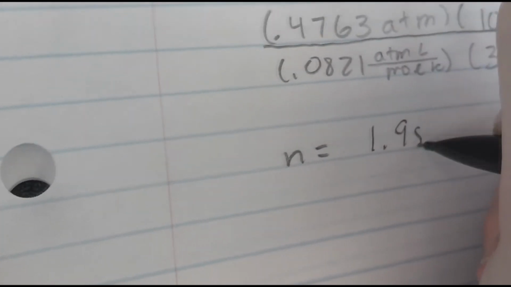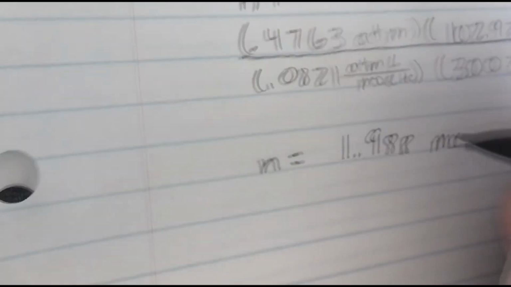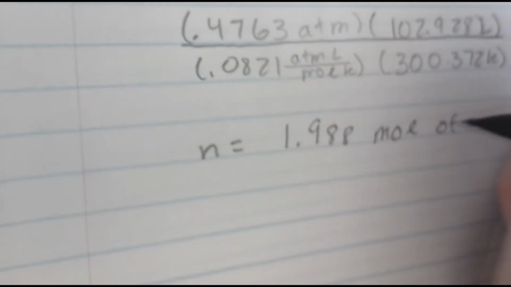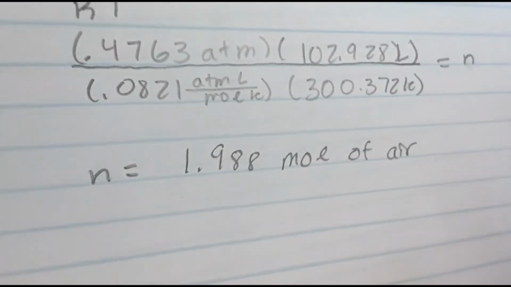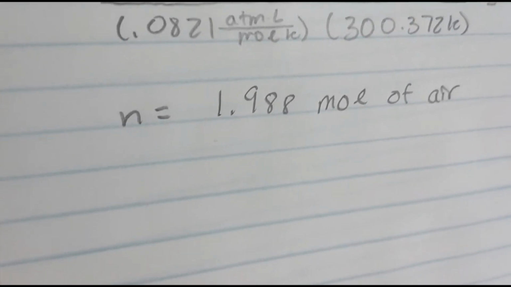From our calculations, we find that 1.988 moles of air are found in the tire at 7 psi.